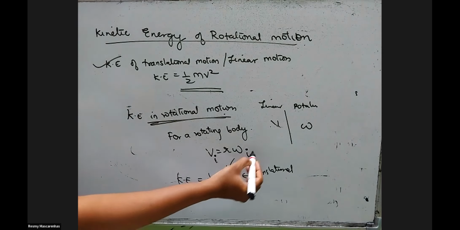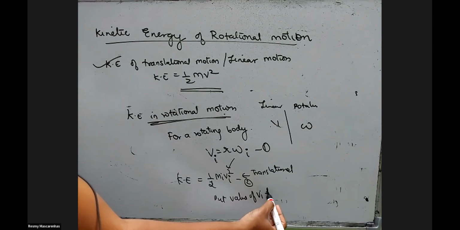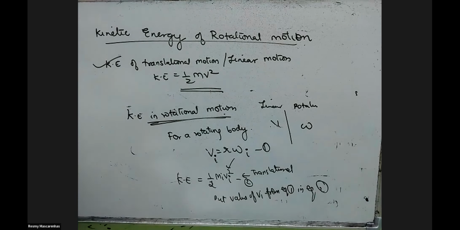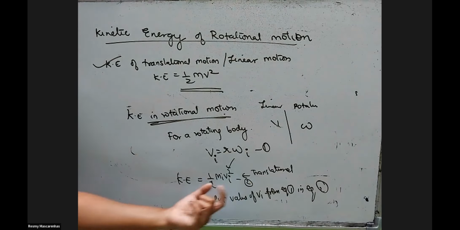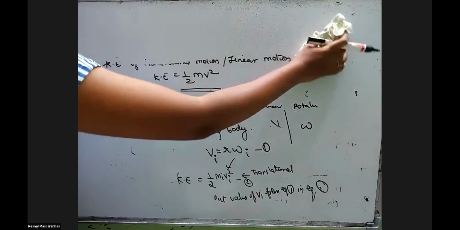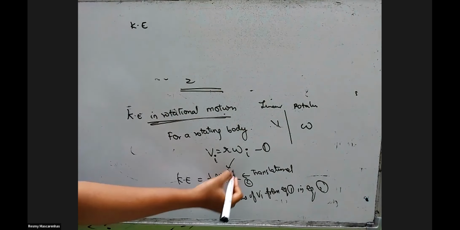So put the value of v i from equation 1 in equation 2. Because I want to write kinetic energy in terms of omega now. I don't want it in terms of v. In terms of v, it is for translation. But I'm trying to calculate it for rotational. So I want it in terms of omega. So instead of v, I'll put this.